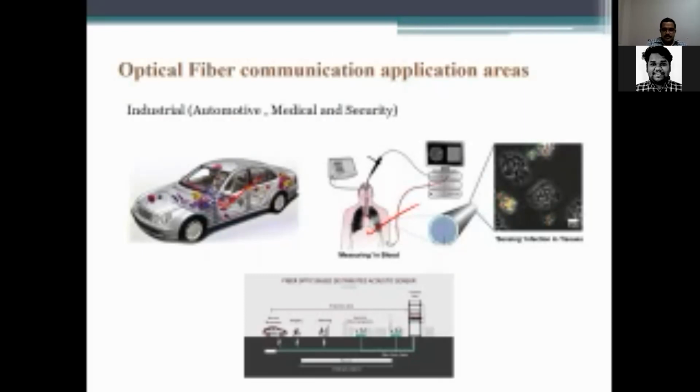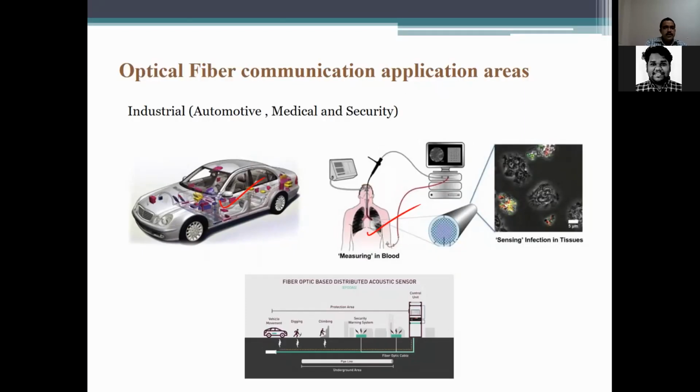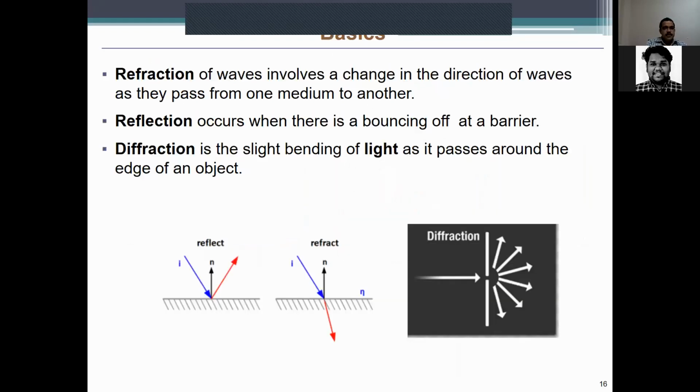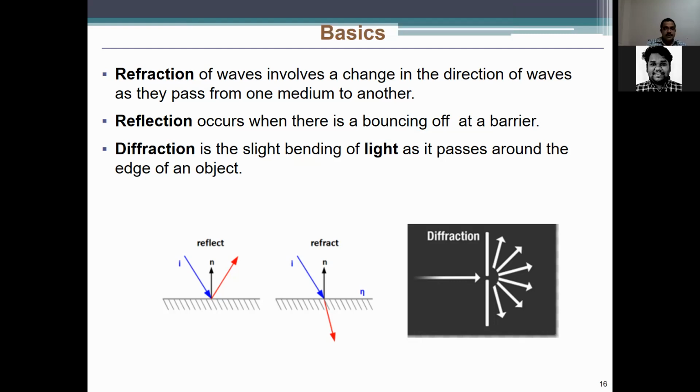Okay. And now I will explain some basic principles of how light travels through an optical fiber. Most of you may be familiar with these physics principles: refraction, reflection, diffraction, scattering, and dispersion. We are using these principles to send light through optical fiber.